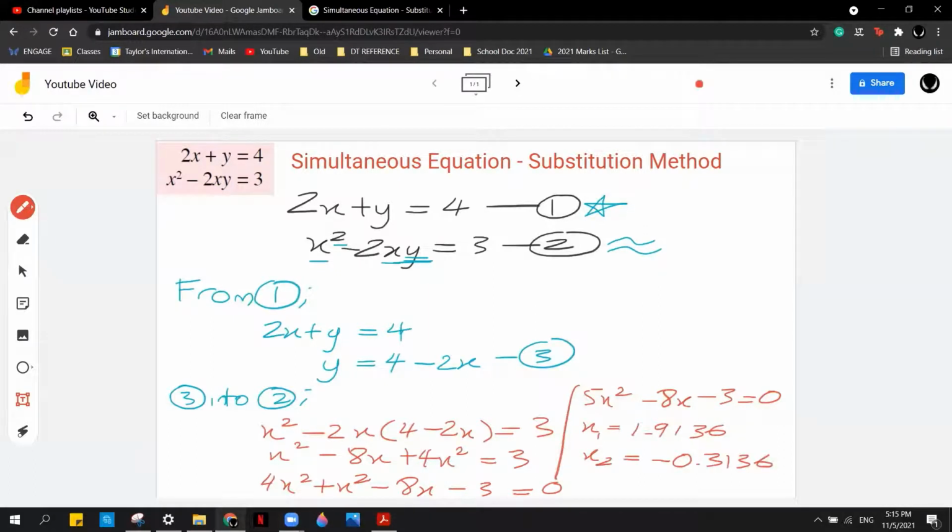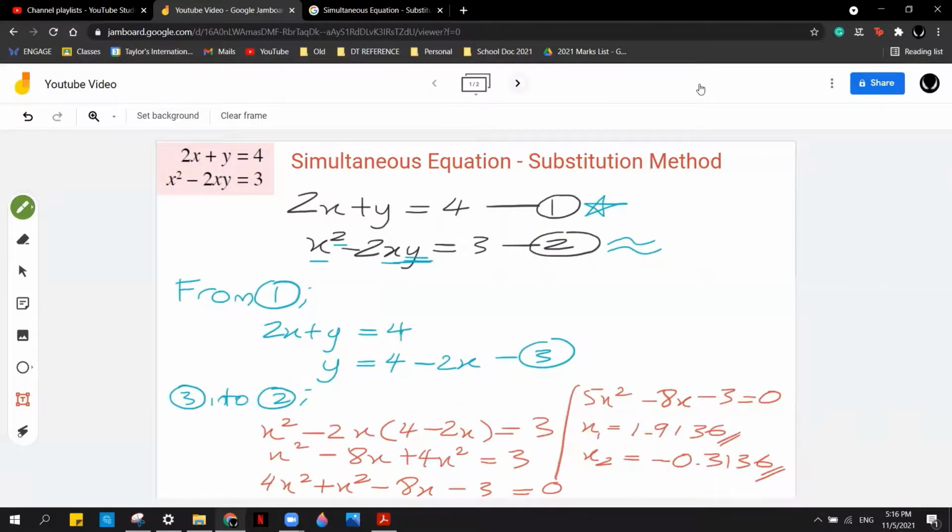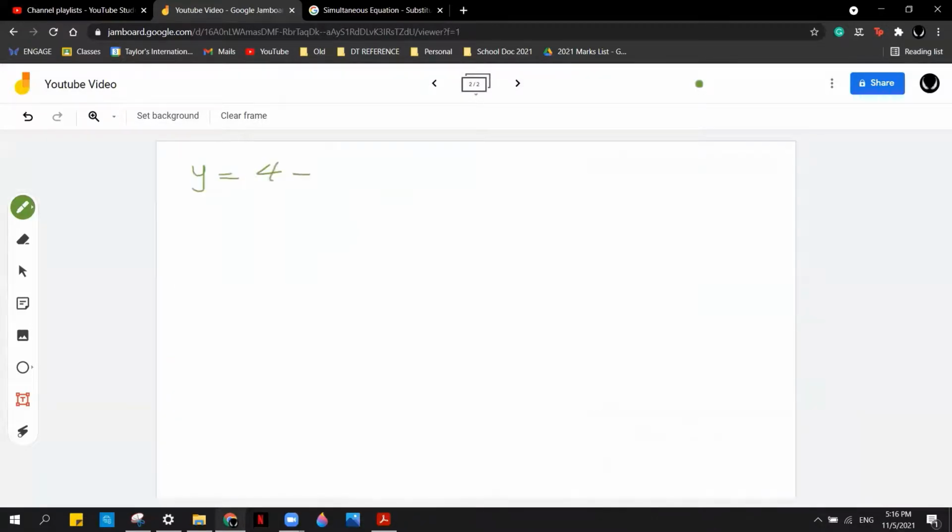I'm giving 4 significant figures because it's much easier, and usually this is what is demanded by the exams. So we got 2 values, and based on these 2 values, we can find y accordingly. So what is y? Y, as we know, is 4 minus 2x.